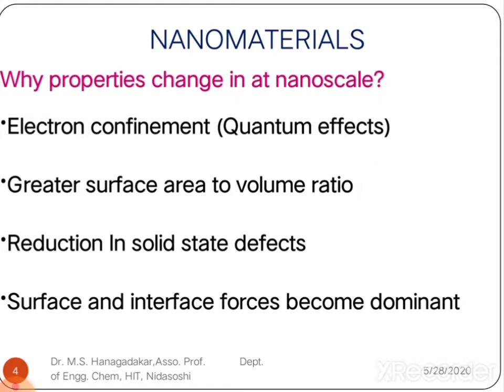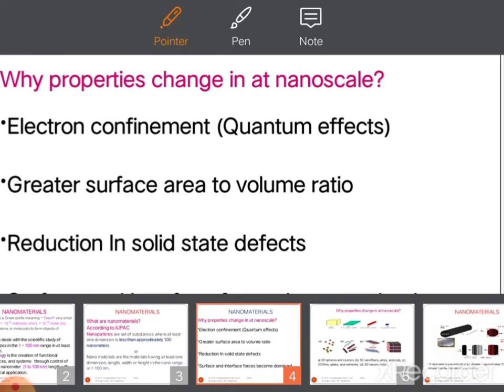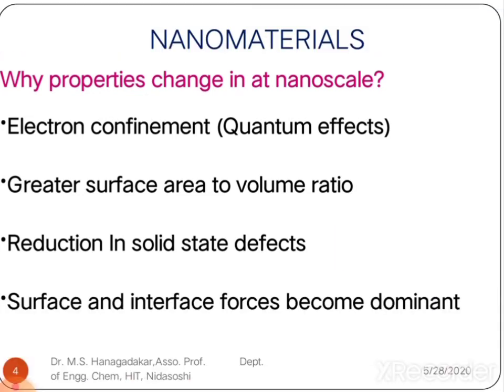Then the second point is a greater surface area to volume ratio. The volume remains the same when you compare the bulk material and the nanomaterials, but a large area of the surface is exposed and available. The third point is reduction in solid state defects. If there are any imperfections in the bulk material, they are totally avoided when it is reduced to the nanoscale.